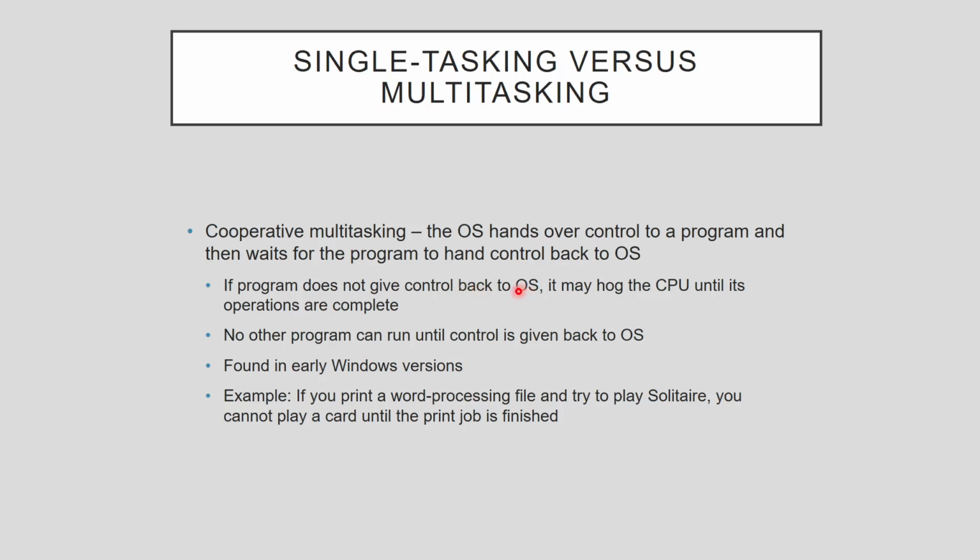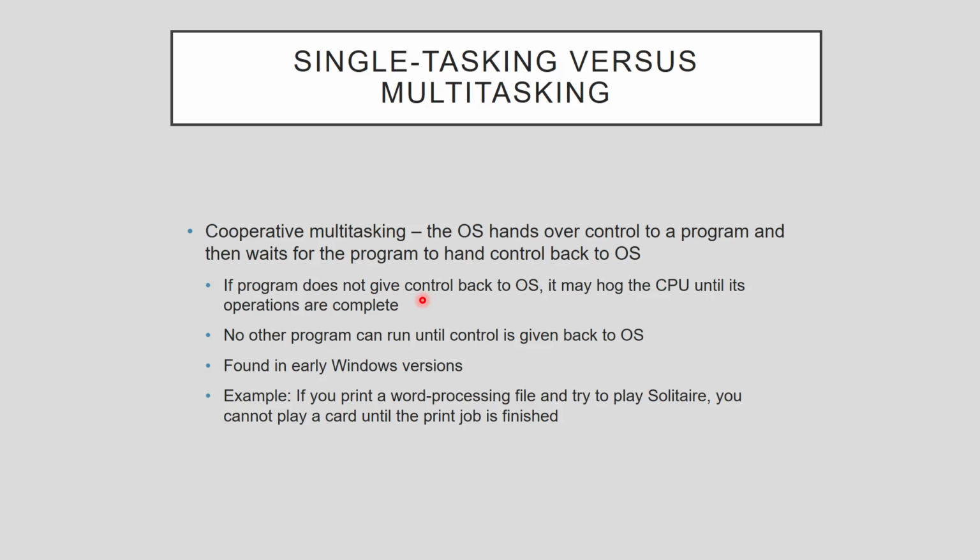If the program does not release control, for example, because it is stuck in an endless loop, the operating system may never regain control. As a result, no other programs can run until the computer is restarted. And this is an undesirable scenario.